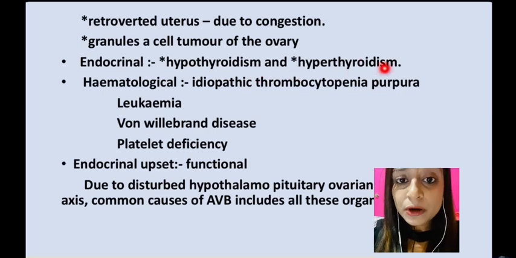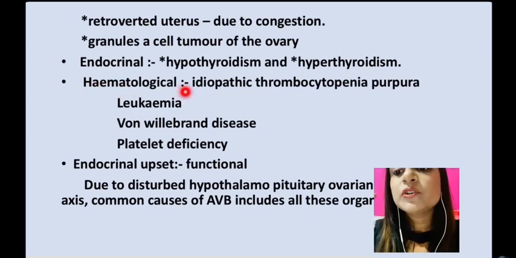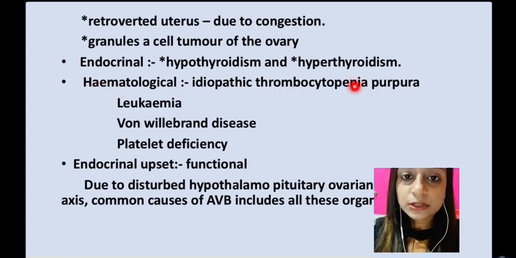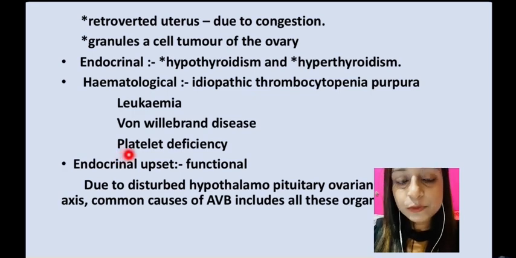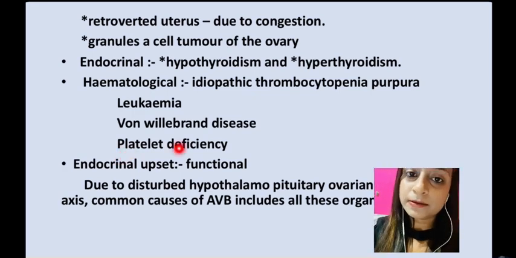Next is the endocrinal cause. We see hypothyroidism and hyperthyroidism, both coming here. The third is the hematological cause: idiopathic thrombocytopenic purpura, leukemia, von Willebrand disease, which I have explained in previous lectures, and platelet deficiency.